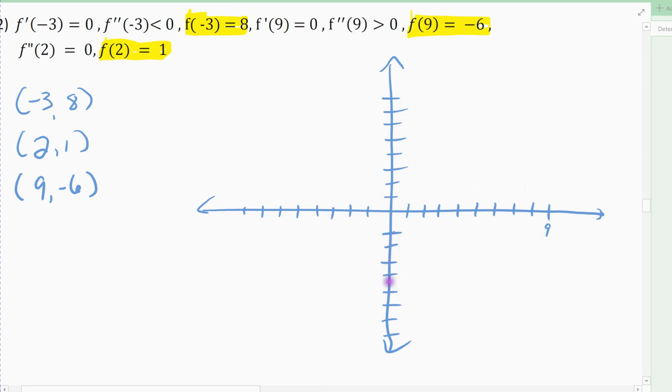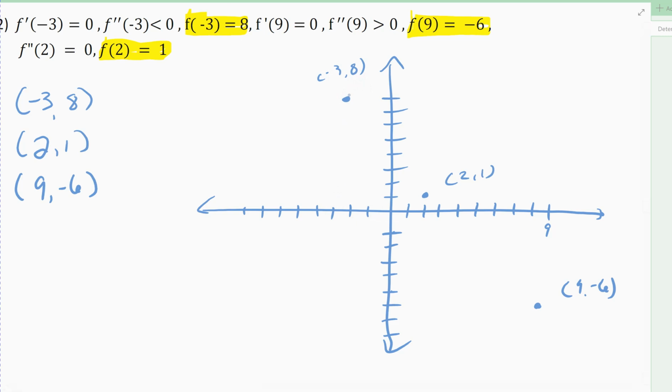Alright, so I'm going to mark that point off. So again, I'm just plotting points right now. 9, negative 6, 2, 1, and negative 3, 8. Alright, so all I did was plot points. Right, that's it. The points that they gave me.